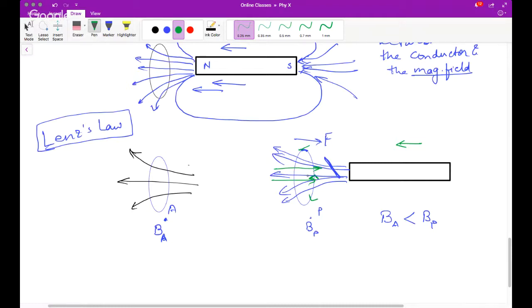Now, how do you get this direction? You have learned that if there is a current in a conductor, how do you get the direction of the field created by this conductor in the loop? You do the right hand thumb rule again.